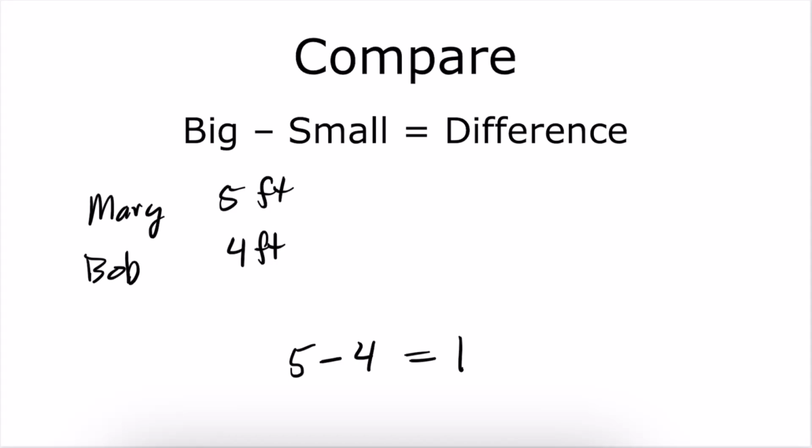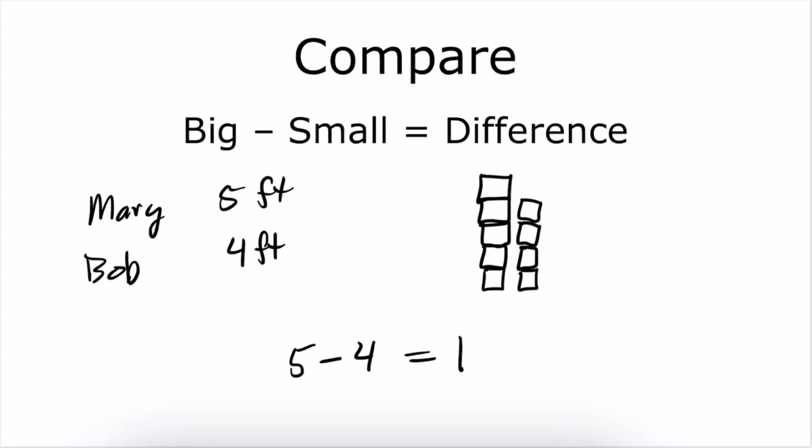And this can be visualized really well with counting blocks. So if you put like 5 little counting blocks on top of each other, you know, those ones where you can stick them together. And then if you have 4 of those counting blocks, or you could also do this on a number line as well.